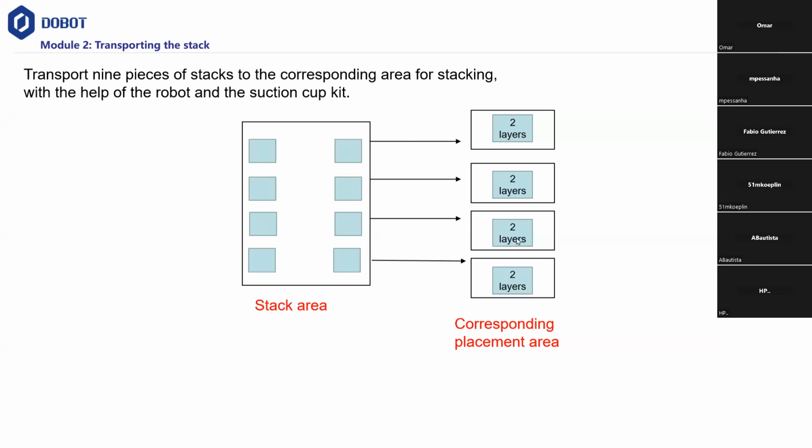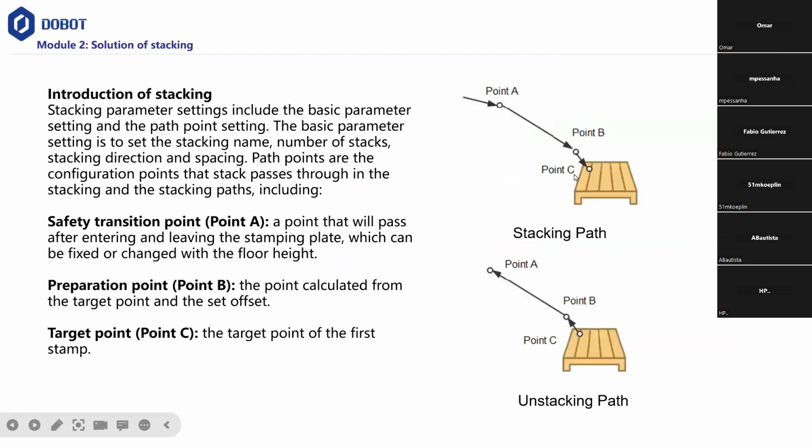And this is our built-in software. When you use it, this is the process. When you click on it, you can set up the point A, point B, point C. What that means is point C is when the suction cup is actually touching the part. Point A is when it's approaching the package.